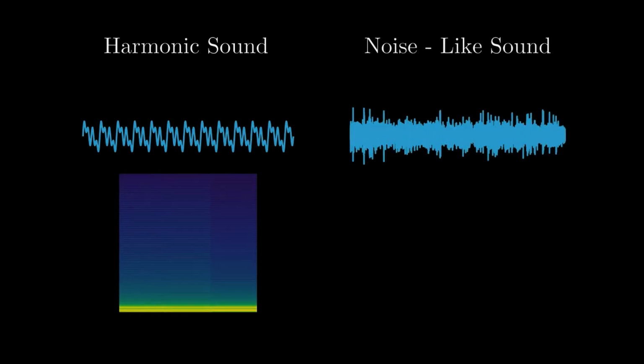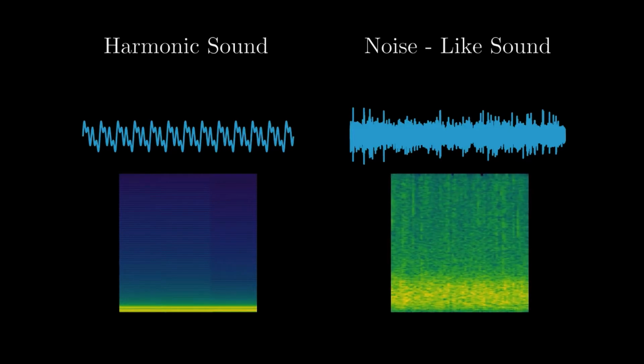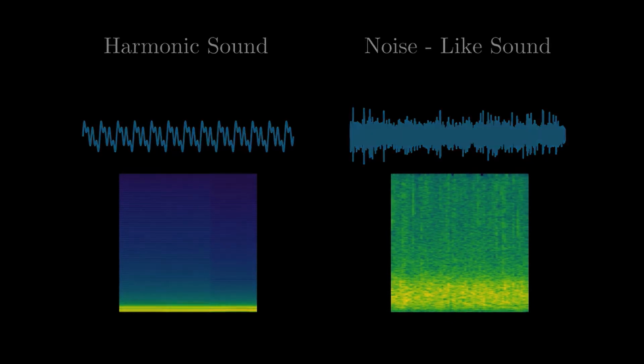Take, for example, a harmonic sound that usually corresponds to horizontal structures in a spectrogram, whereas noise-like sounds, such as applause or distorted guitar, lead to many Fourier coefficients distributed over the spectrogram without any clear structure. Those characteristics can be used to differentiate sources from each other or improve the estimation of individual source statistics.